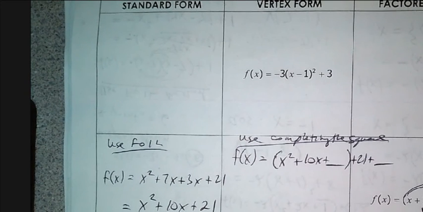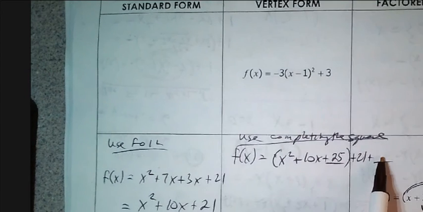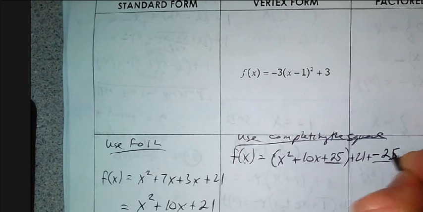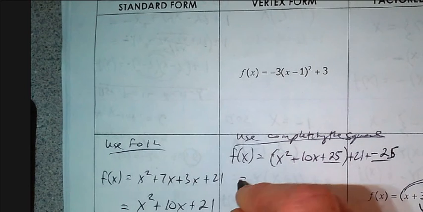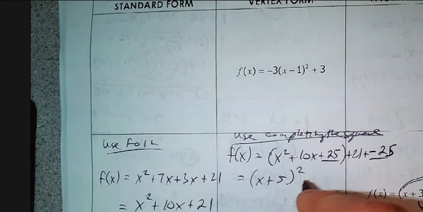Alright, so we want to take half of 10. 5 squared. 25. And then what would I do out here? Minus 25. So, x plus 5 squared minus 4.